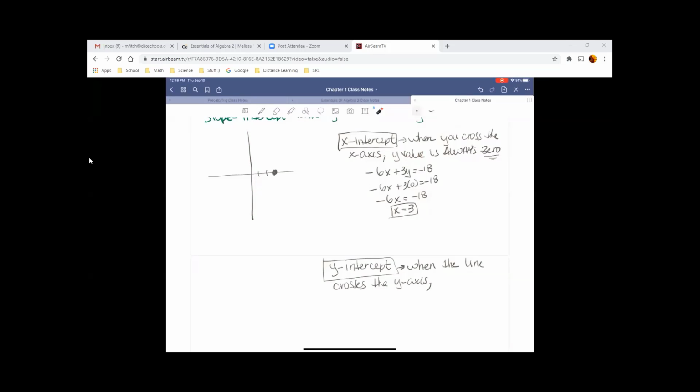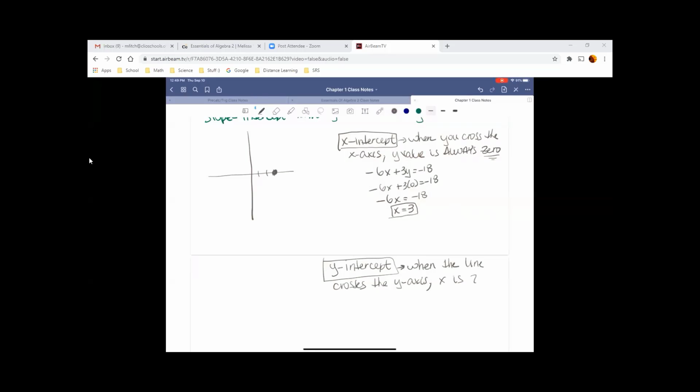So what's my x value right here at the origin? 0. If I moved up 2 spots, what would my x value be? Still 0, right? If I move down here, what's my x value? 0. So if I'm looking at where I cross the y-axis, what do I know about my x value?